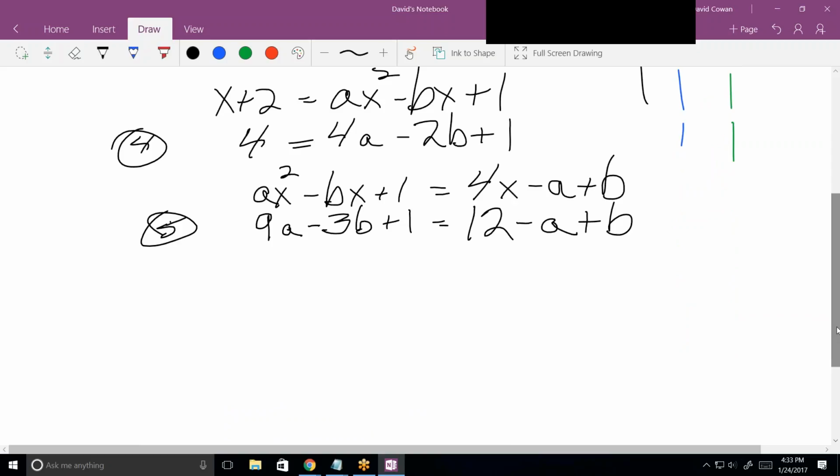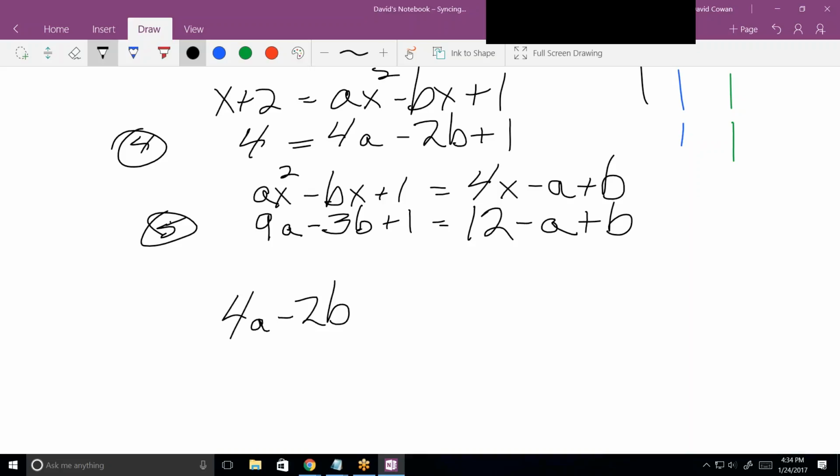So let me turn both of these into standard format, which is both variables on the left, the number on the right. So I'm going to rewrite number 4 in the following way. 4a minus 2b, I'm going to move that 1 to the other side and get 3. You with me? Now I'm going to do the same thing on equation 5. I'm going to put my a's and b's on the left.